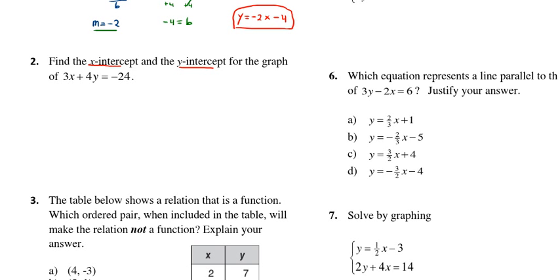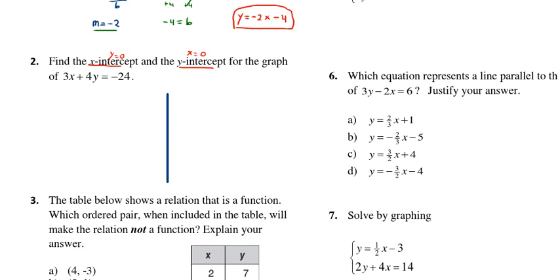You will substitute the y with 0 in order to find the x-intercept, and in order to find the y-intercept, we substitute with x equal to 0 and find what those intercepts are. I'm not going to do this one, but this has 2 parts. I usually do it in this way.